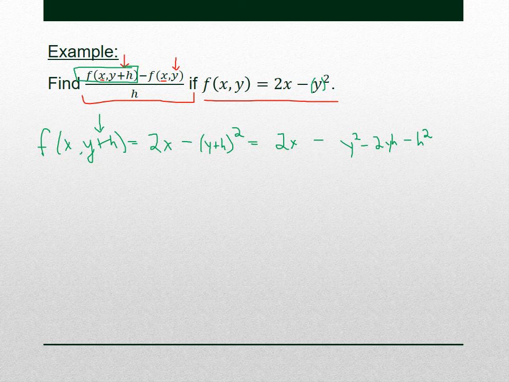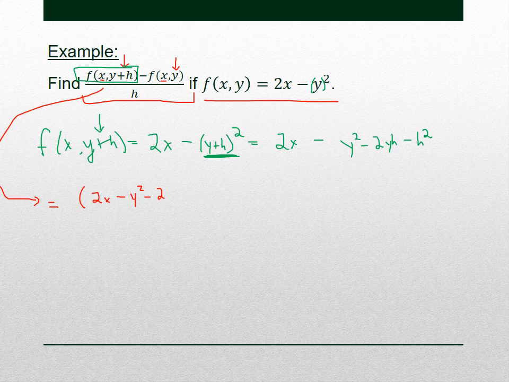So that negative becomes a negative y squared, and then instead of pluses, we'll be left with minuses. So f of x comma y plus h is 2x minus y squared minus 2y h minus h squared. And that's because we expanded this guy out and then distributed the negative.